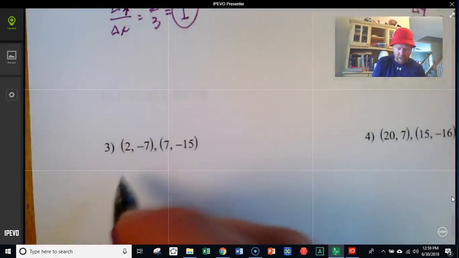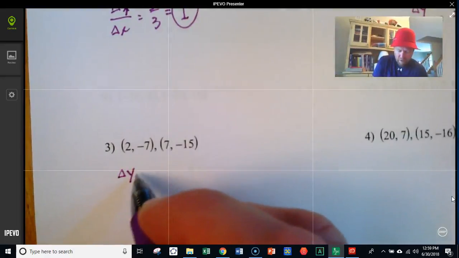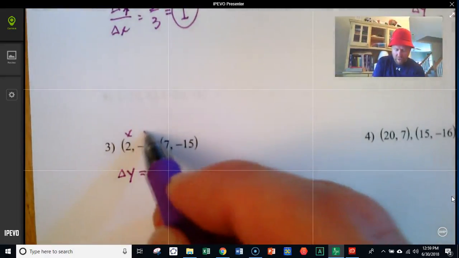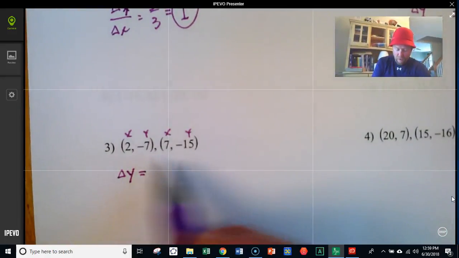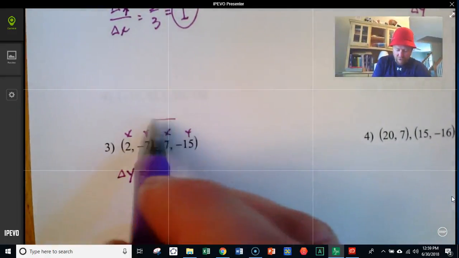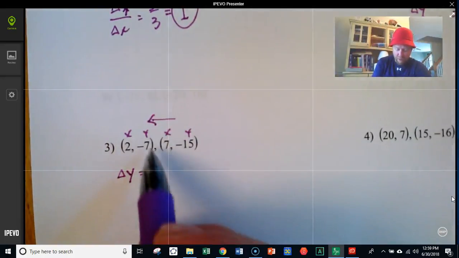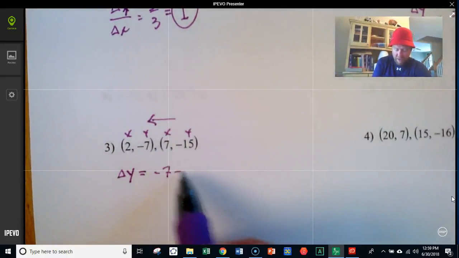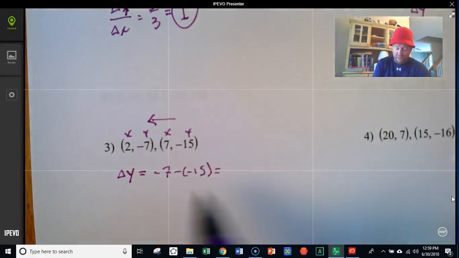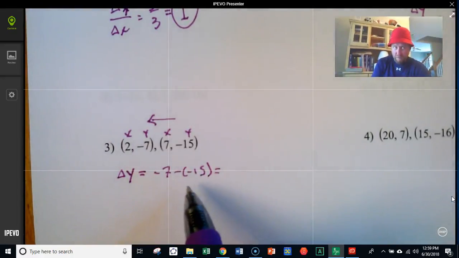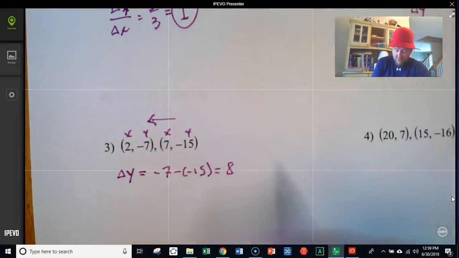Scooch down here. Okay. Our change in y is, let's see, let's go in this direction this time. Negative 7, that's the end, minus negative 15, that's the beginning. So negative 7 plus 15 is 8.